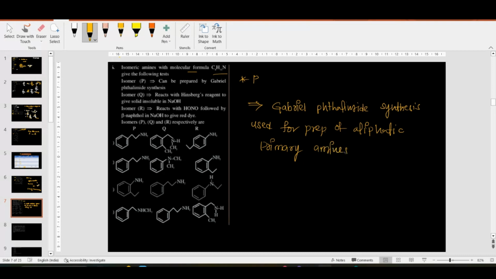So you can check that option. So here, P is aromatic. We can't prepare aromatic amines from Gabriel phthalimide synthesis. So we can remove this option, right?